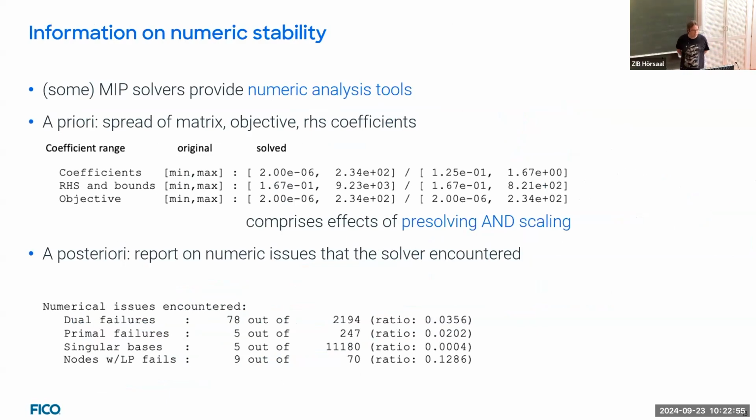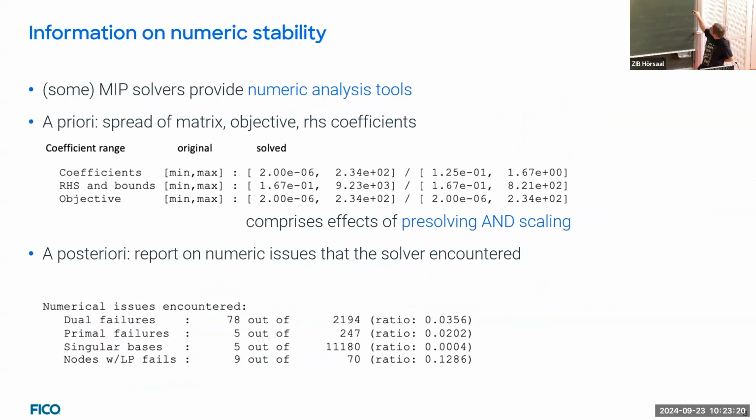There's some information on numeric stability that MIP solvers can provide to you. And these can be well categorized in things that you know a priori, something like the spread of the matrix, objective, right-hand side. So this is a screenshot from an Xpress log here, where you would see the coefficients in your matrix. The non-zero coefficients have an absolute value.